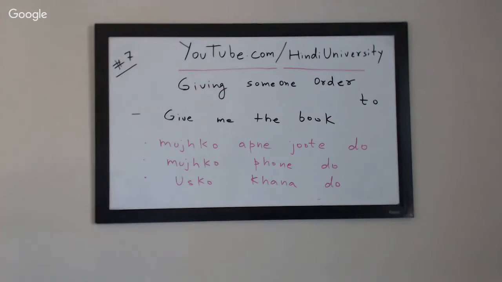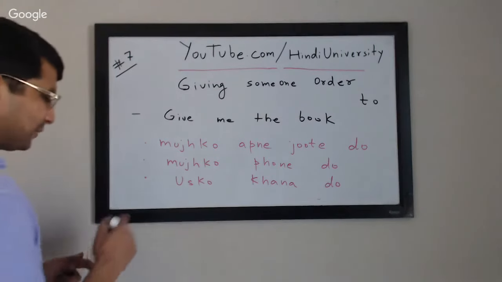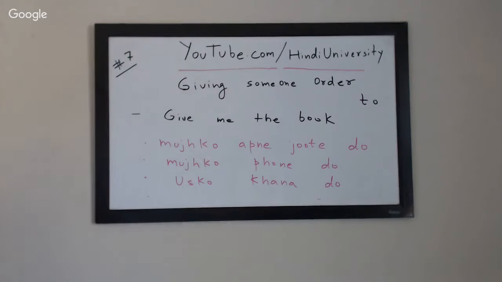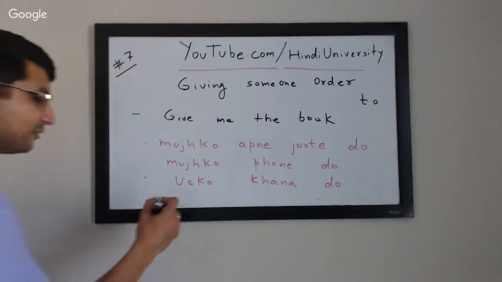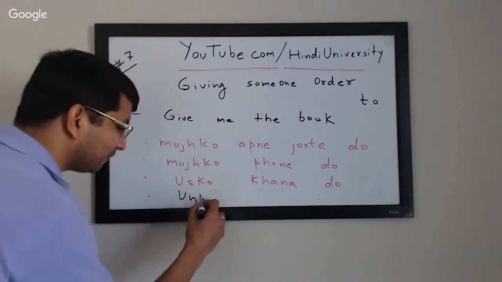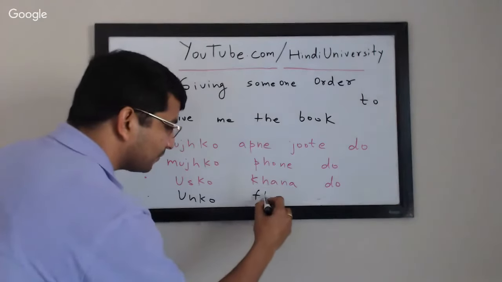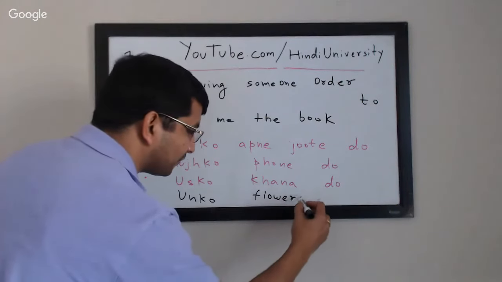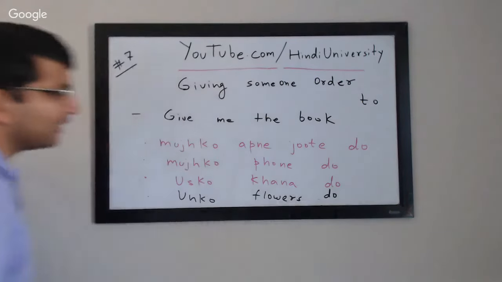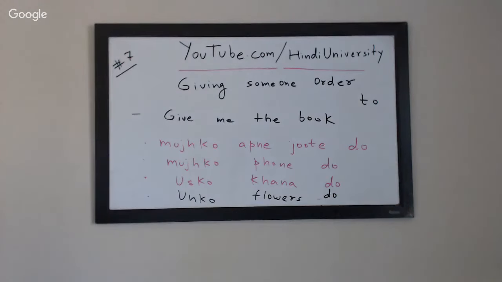You want to try more with the other type of pronouns? उनको flowers दो. उनको flowers दो. Very good, right? Awesome. So this is your scenario number 7 when you're giving someone an order.